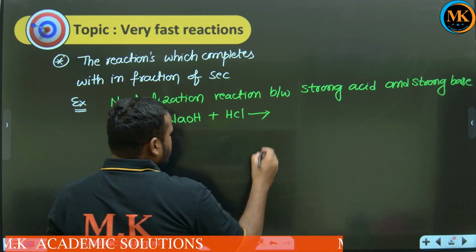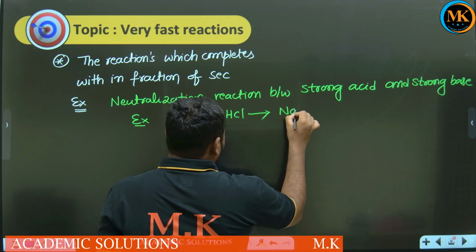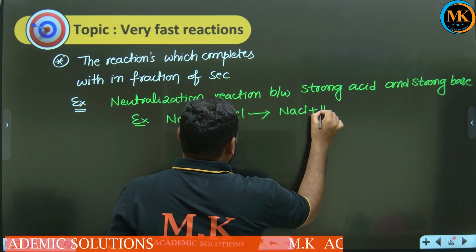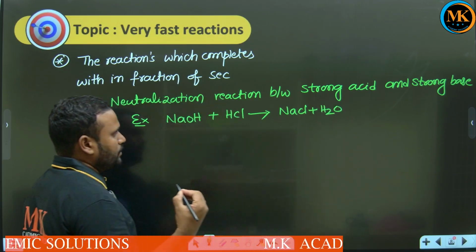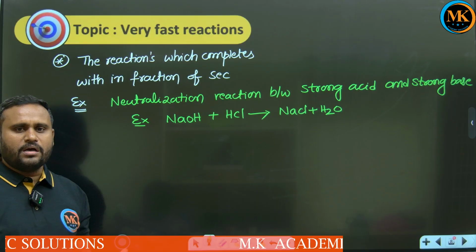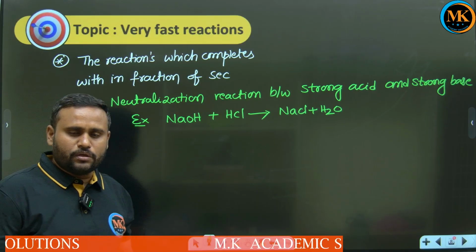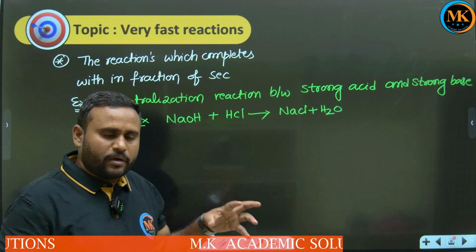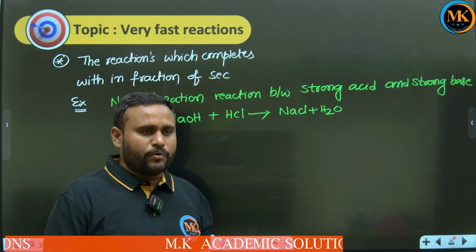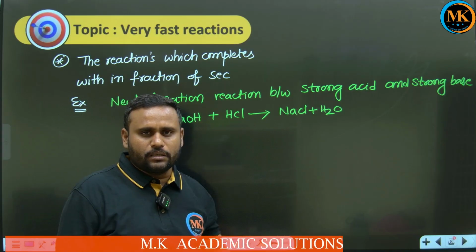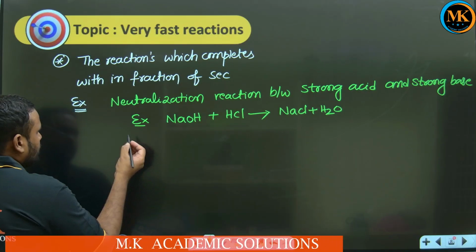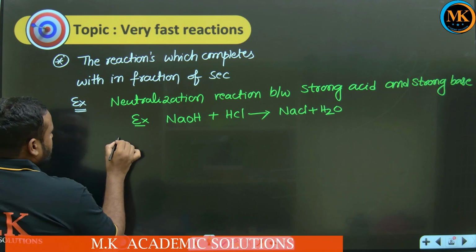It will give us NaCl plus H2O. So it is a very fast reaction. Within fraction of seconds, when you mix the sodium hydroxide with HCl, NaCl and H2O are produced immediately.